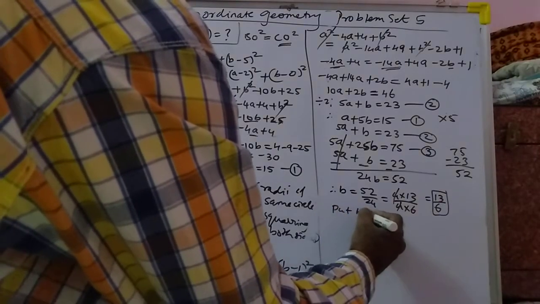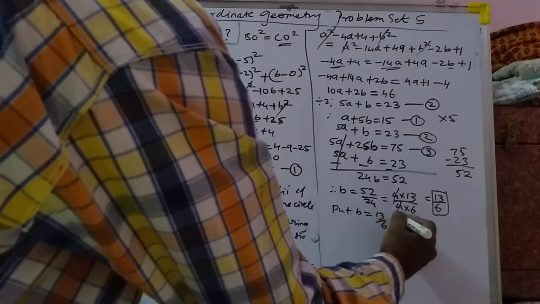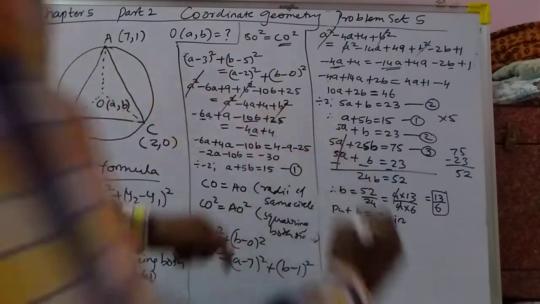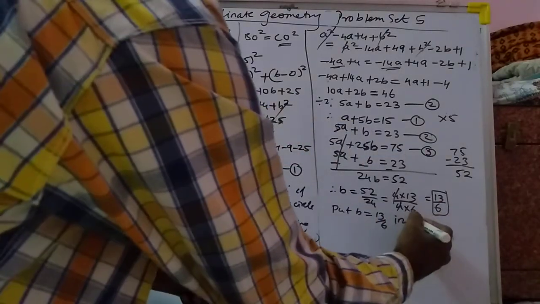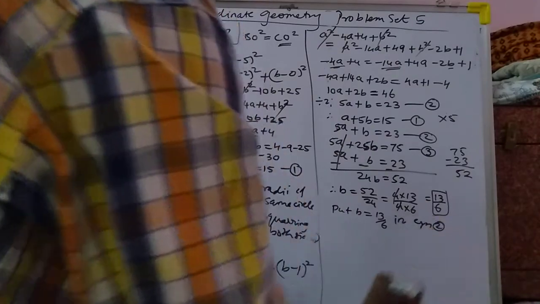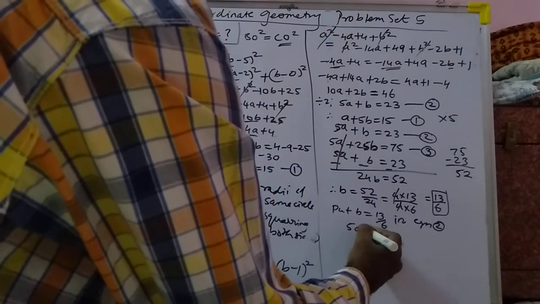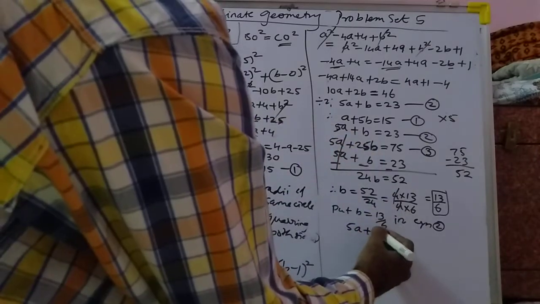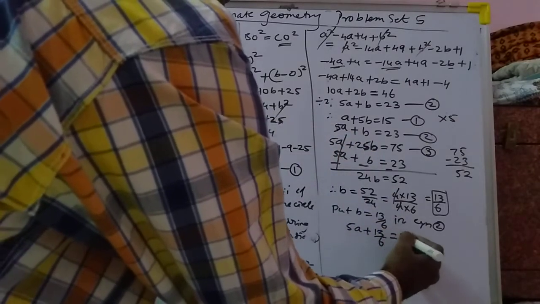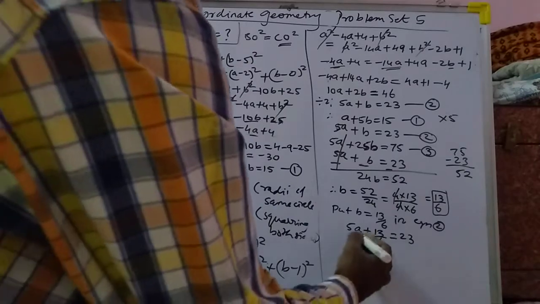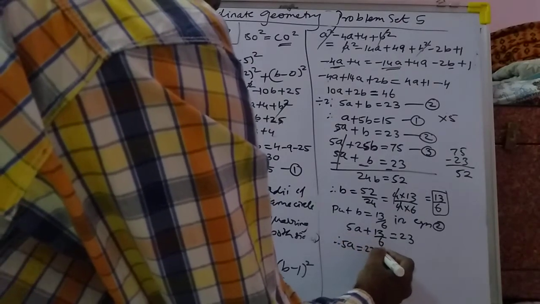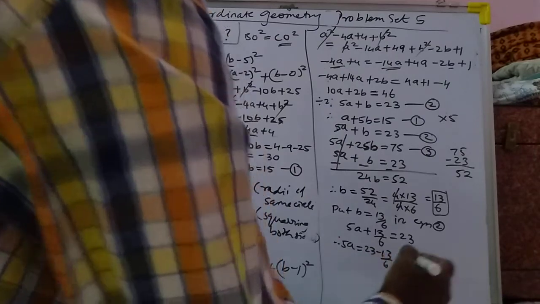Put b is equal to 13 upon 6 in equation 2, a simple equation. So 5a plus 13 upon 6 is equal to 23. Therefore 5a is equal to 23 minus 13 upon 6.